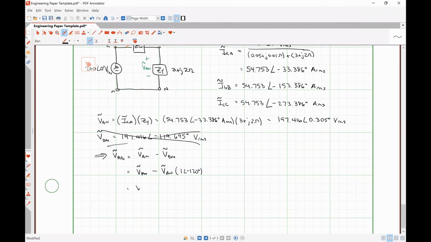So that means VAB is simply VAN multiplied by 1 angle 0 degrees minus 1 angle negative 120 degrees, or VAN multiplied by the square root of 3 angle positive 30 degrees.